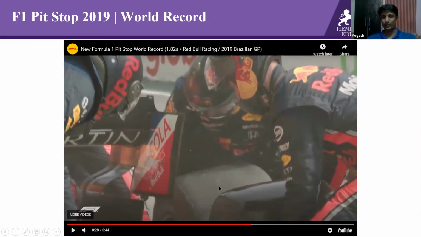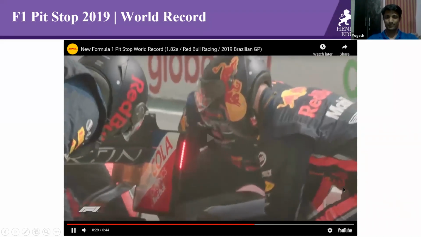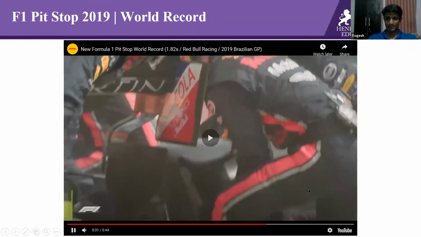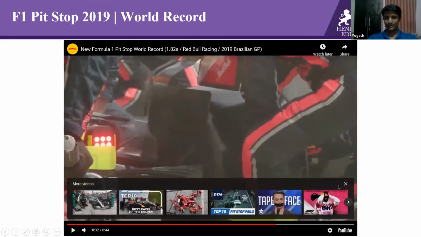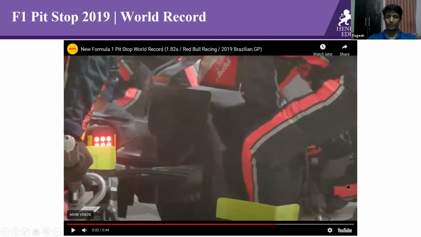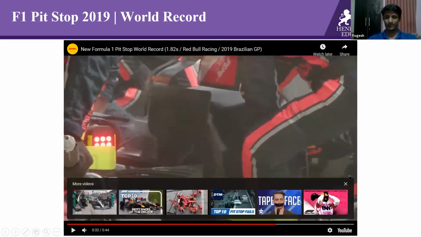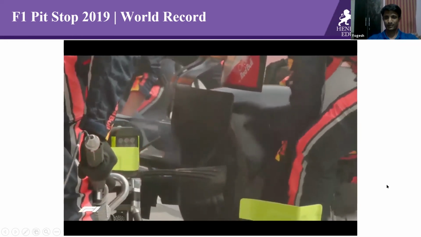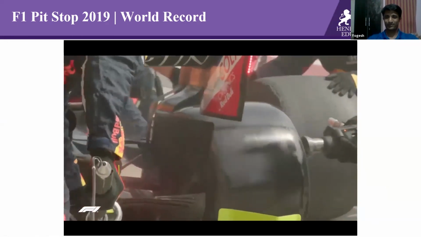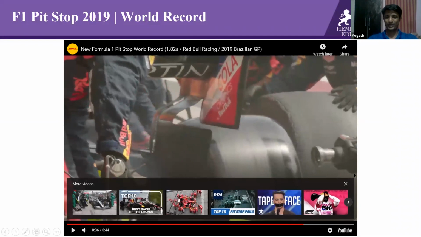He's just taking the tire out, and the second person is almost ready to put it on the shaft, right? And see the third person, the jackman. Even before the tire is in its position, he's ready with his tool to put in and tighten the bolt. Done. Go. See this. This tool is still rotating.